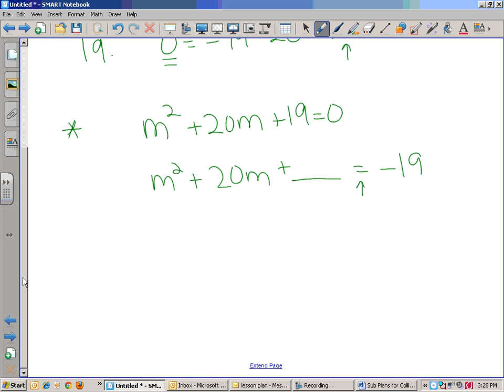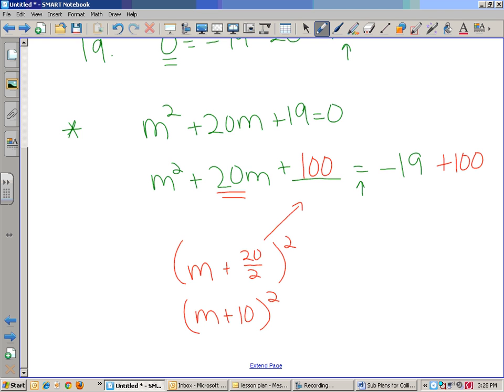So what I'm going to do is take the middle term and divide it by 2. And I get 10. Then I'm going to take that quantity, square it, and place it here. Now what I do to one side, I have to do to the other side. Okay? So now here I have m plus 10 squared is equal to, if I do good math, 81.